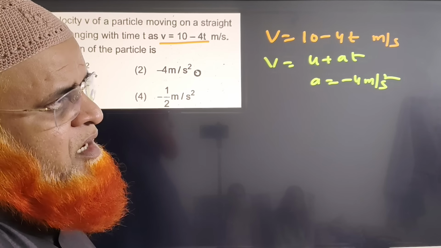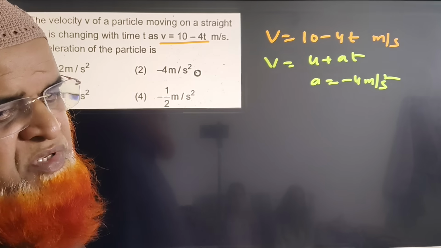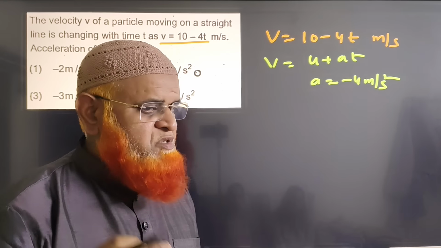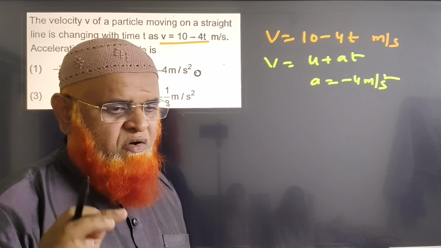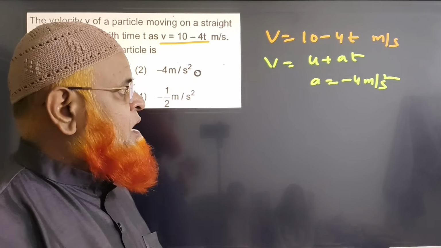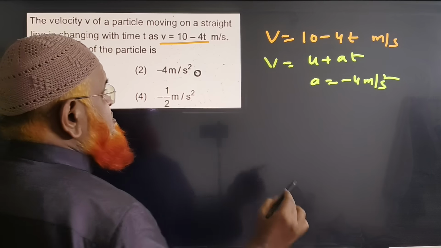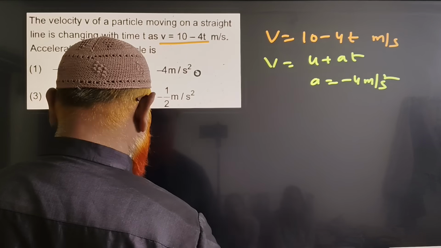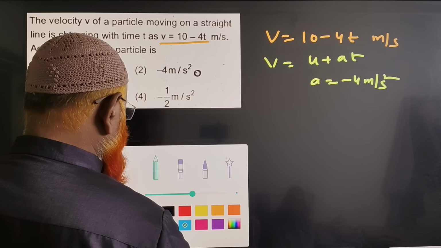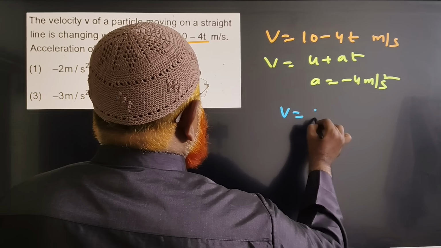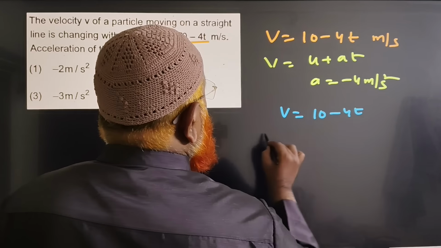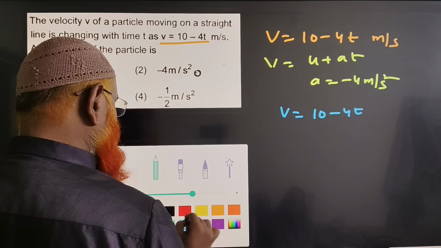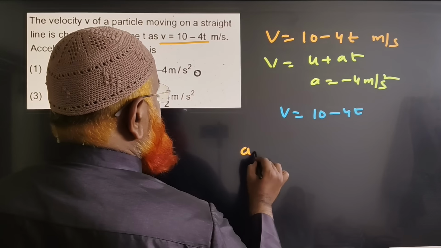I have solved nearly 90% of the problems without using integration and differentiation, especially for NEET students who are afraid of integration and differentiation. And if they are MPC students, or if you are very familiar, then I can solve this problem by using integration and differentiation also. What is given? V is equal to 10 minus 4t. He is asking us to find the acceleration.